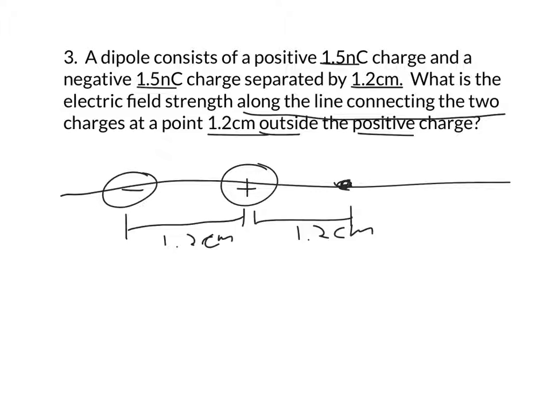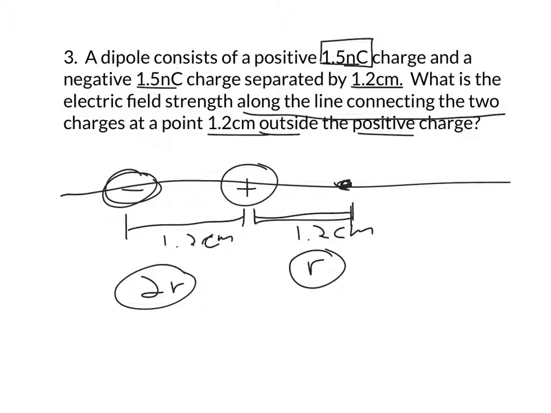Well, that's interesting, because both charges have the same magnitude, and the positive charge is at some distance r, and this negative charge is at some distance 2r. So the negative charge should have 1 over r squared, so 1/4 as much of the field as the positive charge does.